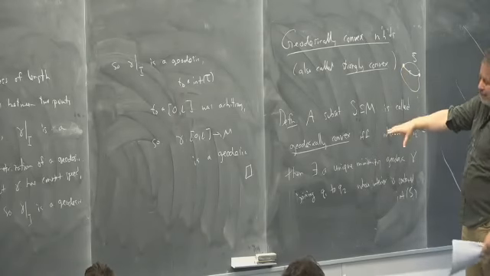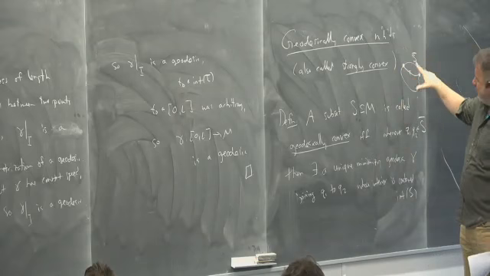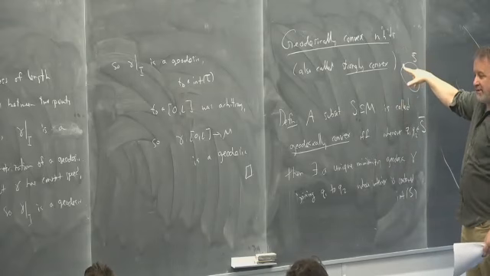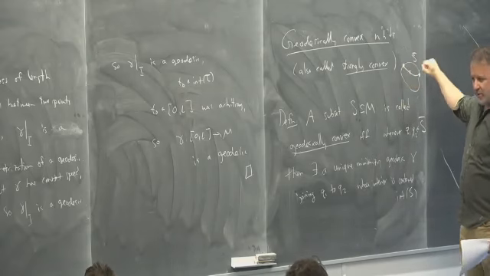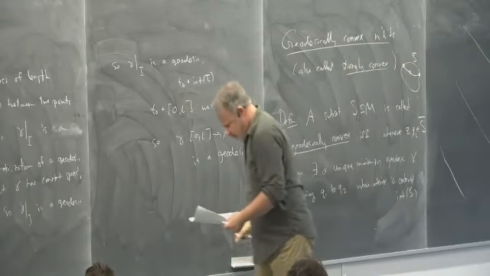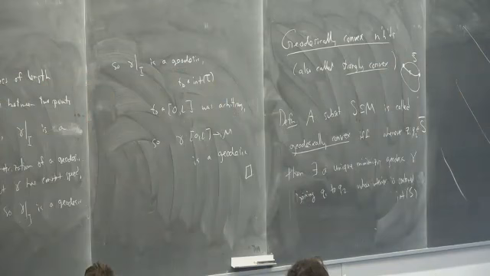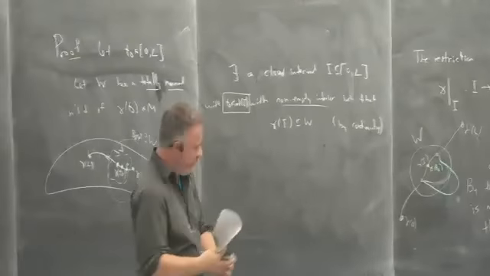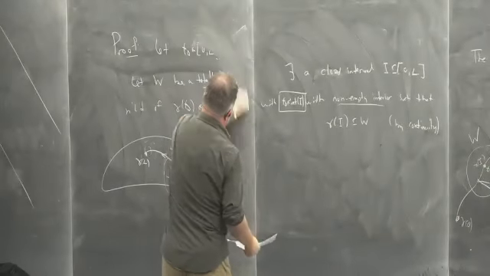This exactly fixes the problem we had before, where we knew in W, for any two points in W, there was a minimizing geodesic between them, but it didn't have to stay in W. Okay. So I think we have time to prove that, and then we'll be done with the horrible technical part of the course.